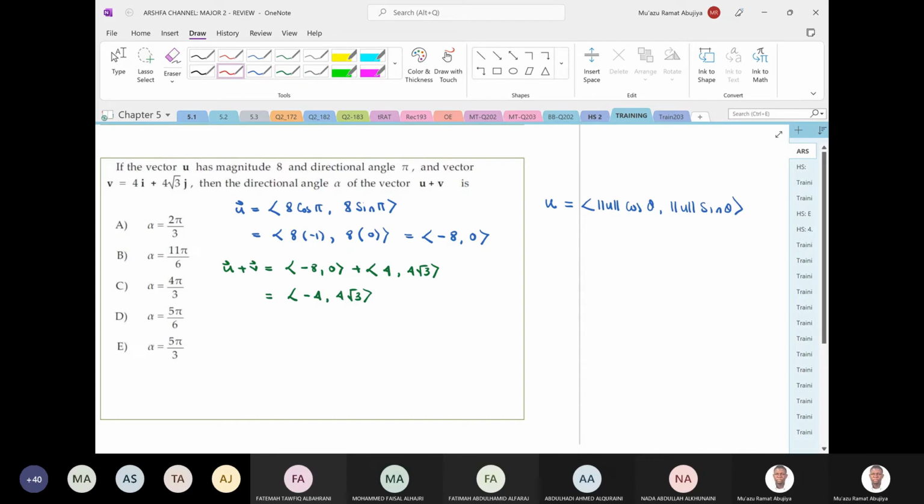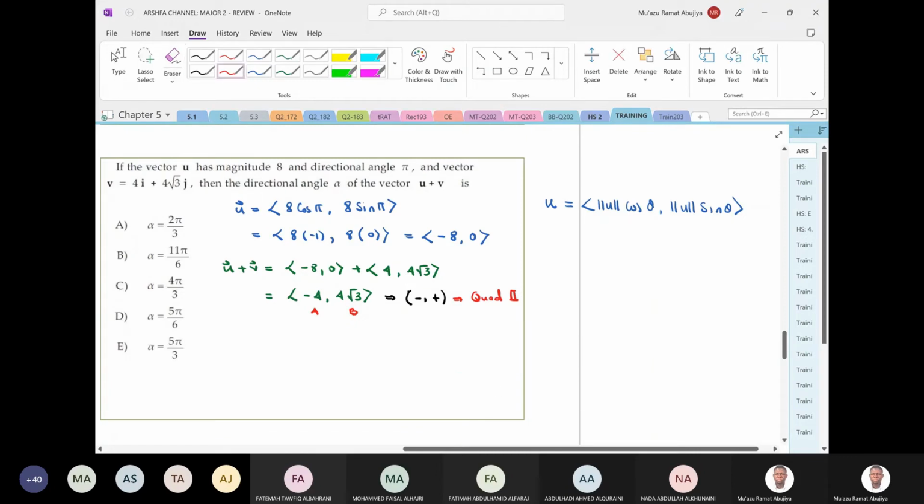Here, we're going to call this one A, and let's call this one B. So A is negative and B is positive, and that means we are in quadrant number 2, right? Negative and positive, quadrant number 2.